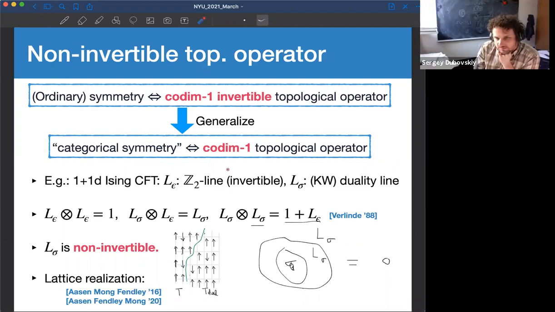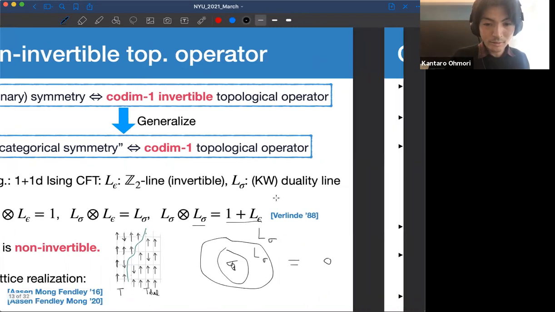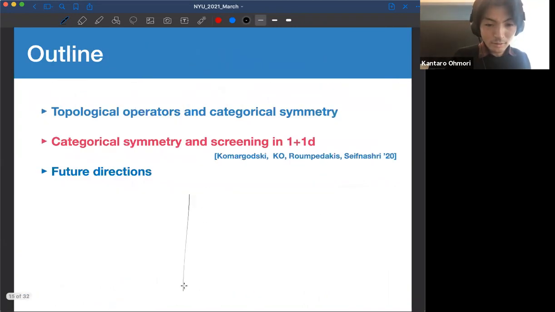Okay, so in that case, it's better to draw some picture. You have some cylinder and you have some topological line.